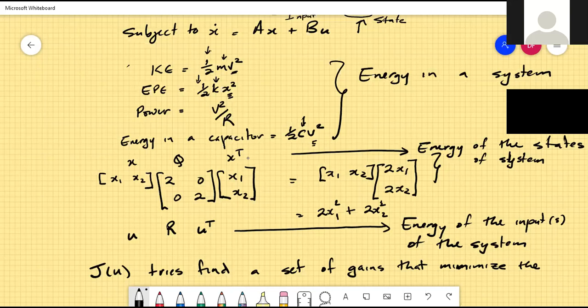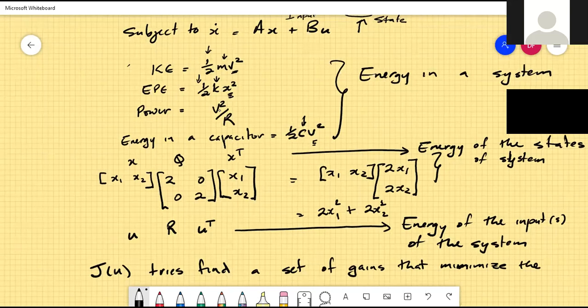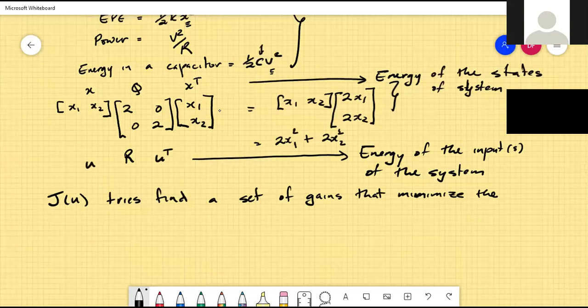Please check if I'm writing rubbish, read carefully. Minimize the total energy of the system, both the input and the states.